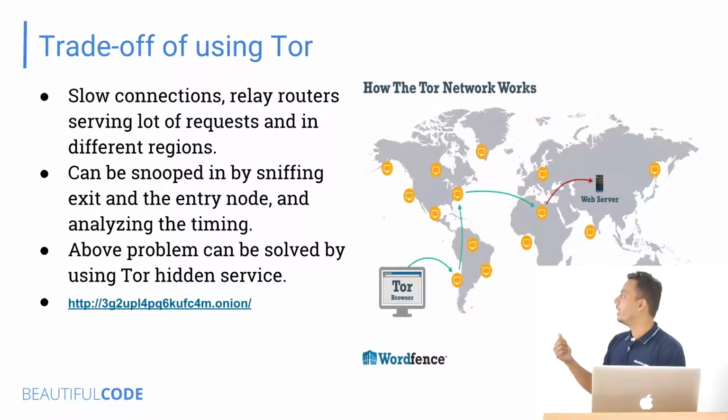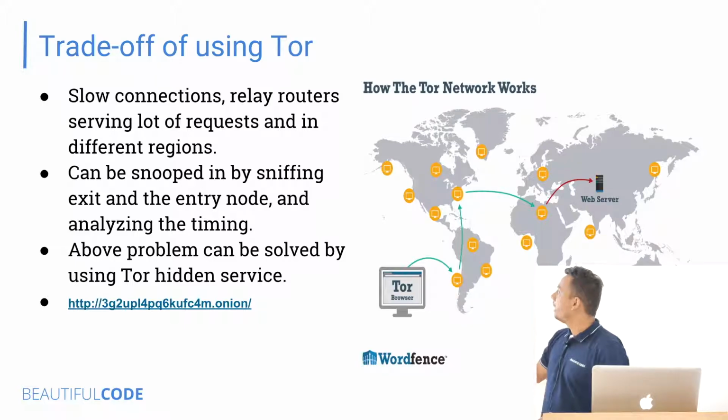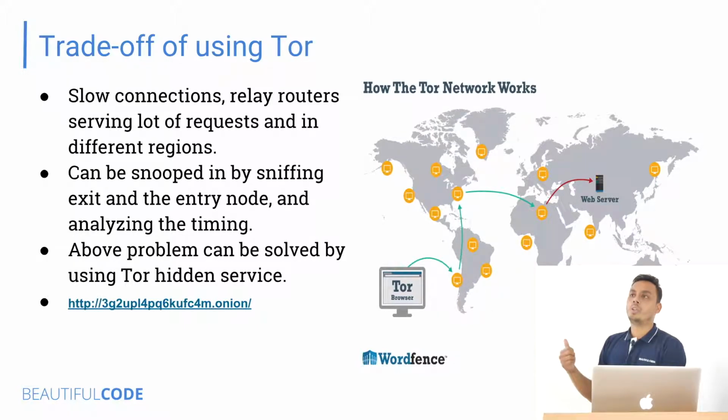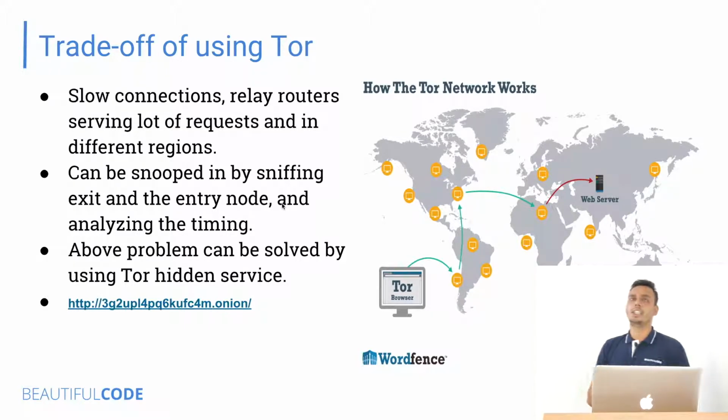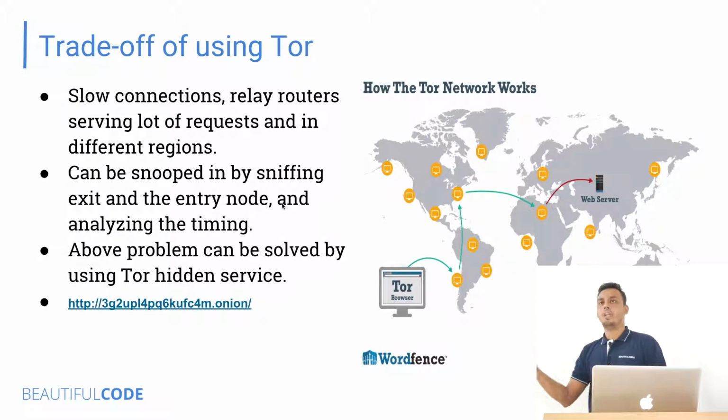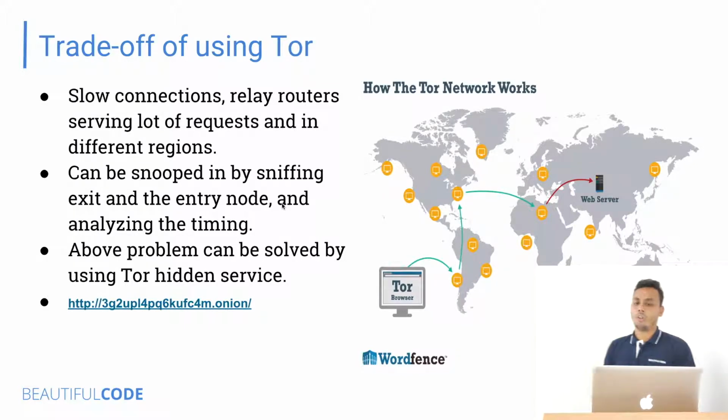Also, there is one more problem: if somebody snoops at the entry node and the exit node, he might get to know what you are up to. He will note the timings, that at this time somebody sent a message at this tempo, and milliseconds later Amazon received a request of similar tempo, so he can guess what happened.